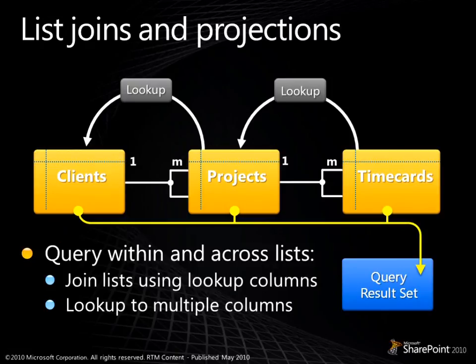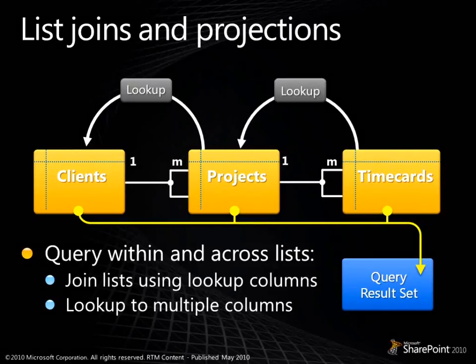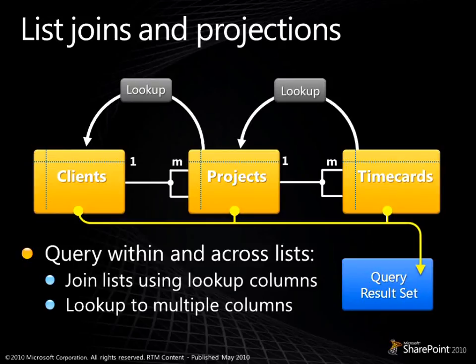List joins and projections mean that when the lookup has been created, we can also project additional fields from the associated list. So when, for example, we create a lookup from the projects to clients, we can define that we are not only interested in the client name, but also some additional fields, which would also be visible in the projects list.